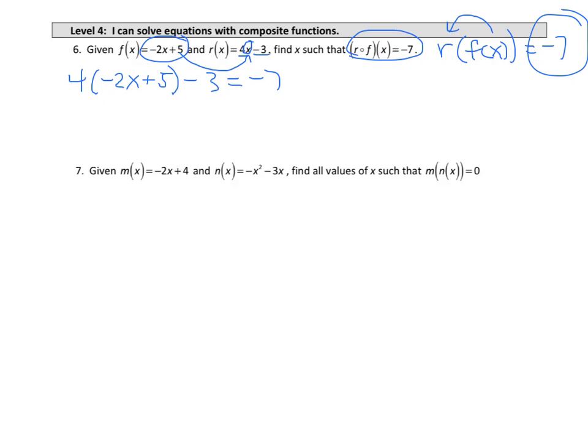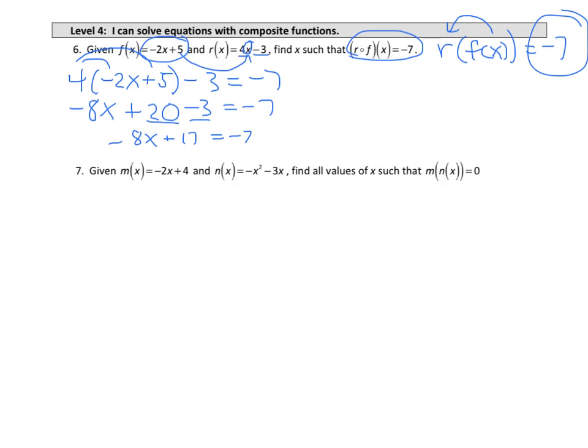So to solve this equation, this is a linear equation, first I'm going to distribute, and we get -8x plus 20 minus 3 equals -7. I'm going to combine like terms on the left side, and I get -8x plus 17 equals -7.